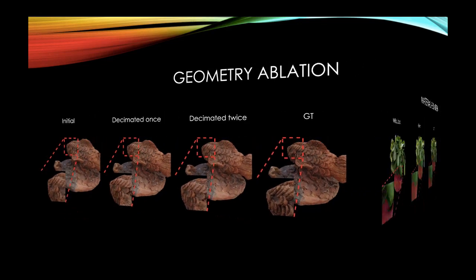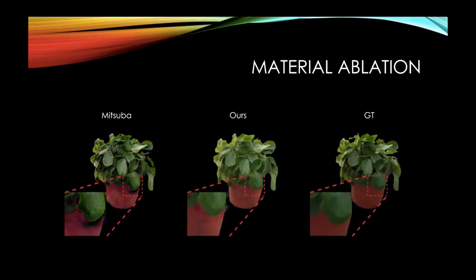We now move on to material ablation studies. Here we want to compare the results of the independent optimization of diffuse texture versus our method of jointly optimizing diffuse texture and local irradiance field. In the first experiment, we independently optimized for diffuse texture using Mitsuba software, which uses differentiable rendering techniques.